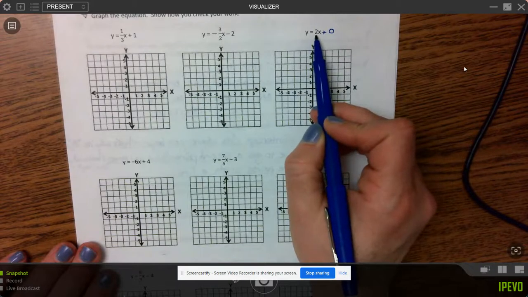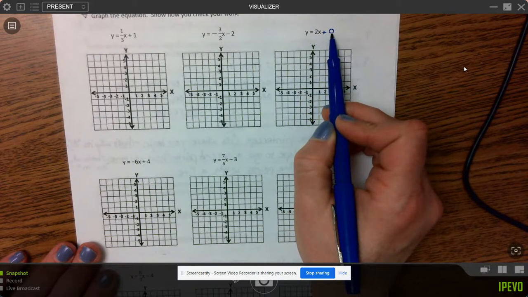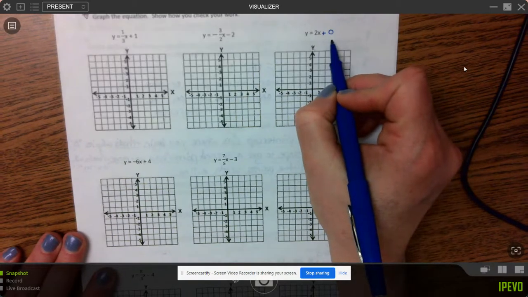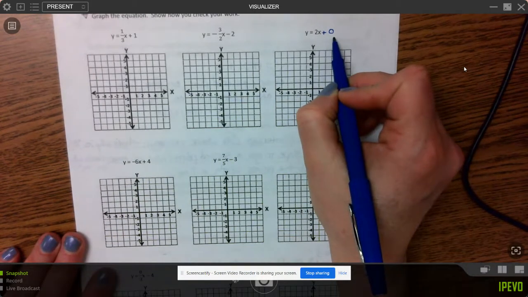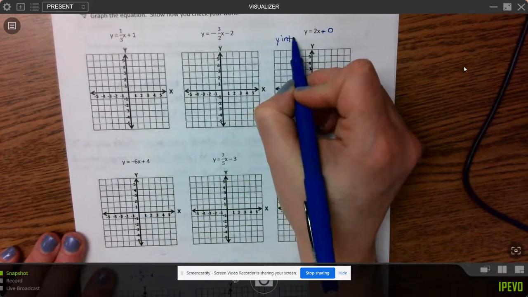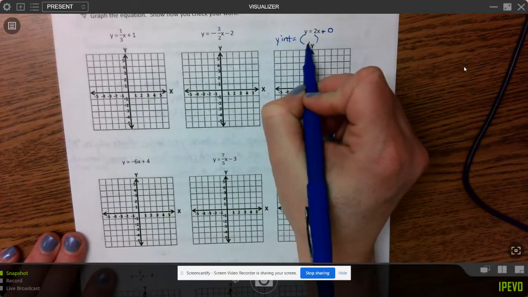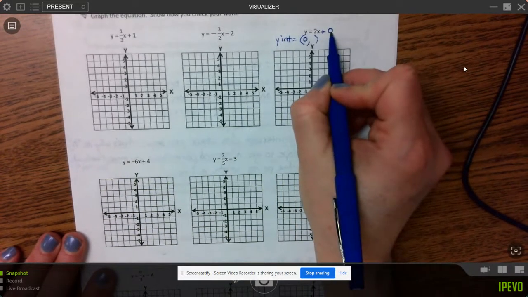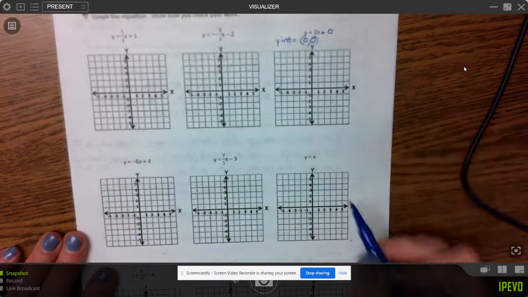So we have our y-intercept with the 0. We know we have to write the y-intercept as an ordered pair. The x is always a 0 for a y-intercept. And if we write a 0 in because there's no b listed, we know it's going to be a 0.